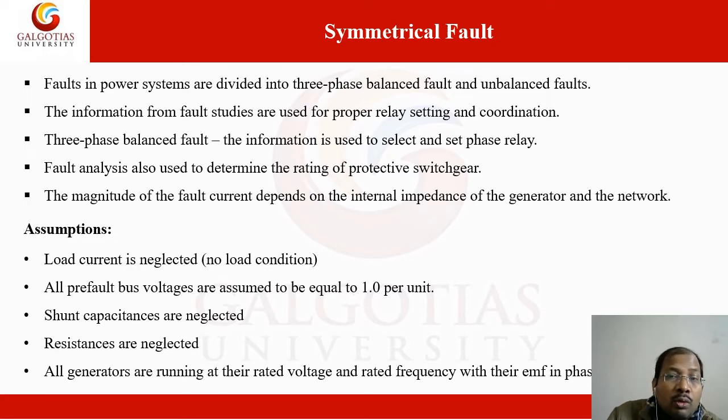We have to find the relay setting values as well as the coordination between primary protection and secondary protections. There are protection schemes in the power system network, so we can check whether there is coordination between these protections or not, and how we can set the threshold value of any protection scheme. That's why we analyze the faults.